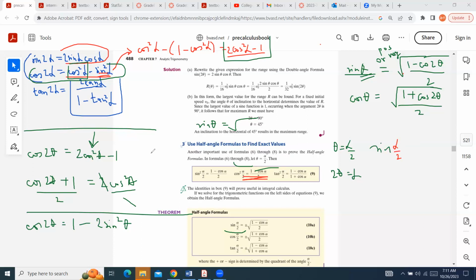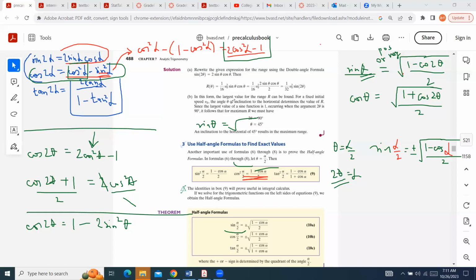On the other side, it's still plus or minus the square root of 1 minus cosine. Now, cosine of what? Well, cosine of 2 theta, and 2 theta is the same as alpha. So they just changed the angle to show it's the same formula, but it can be used for a half angle.